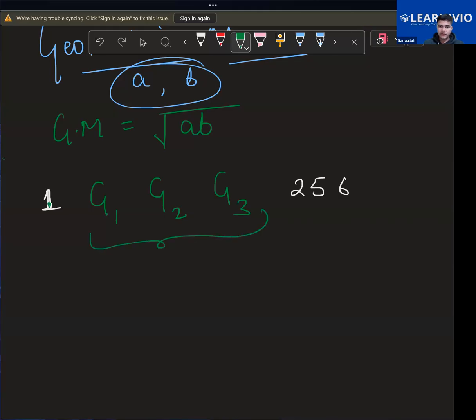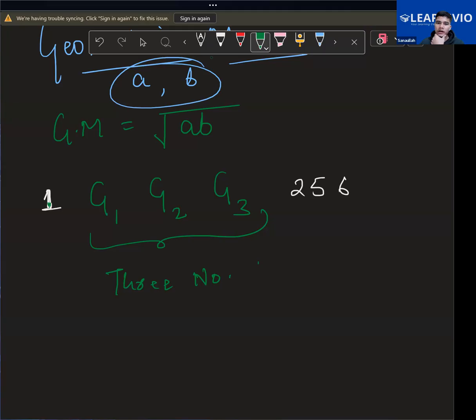These are the three numbers that I have considered, three numbers between 1 and 256.